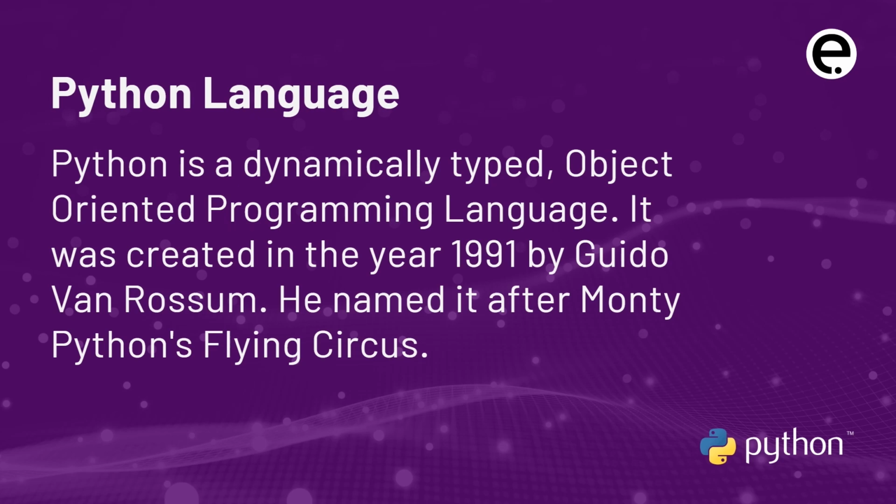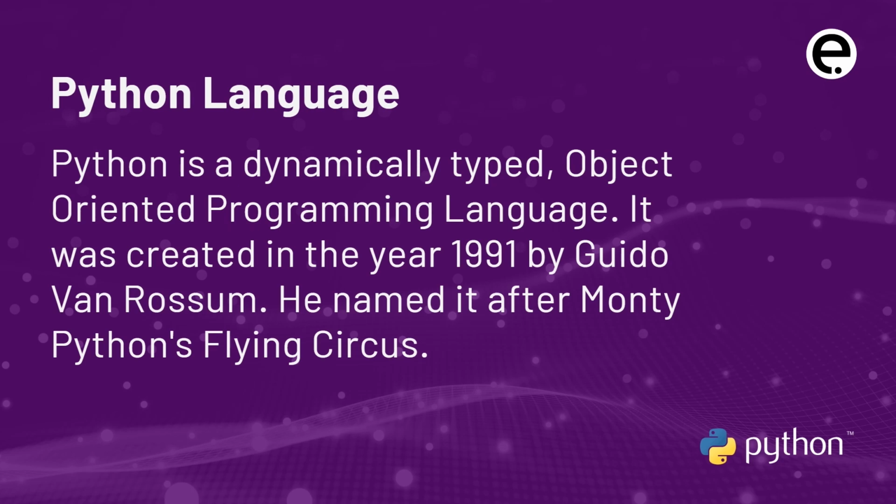Okay. So right now, I want you to keep these two keywords in your mind. Python was created in the year 1991 by Guido van Rossum. He was the person behind Python. He invented Python in the year 1991, and since then there has been major development in Python.